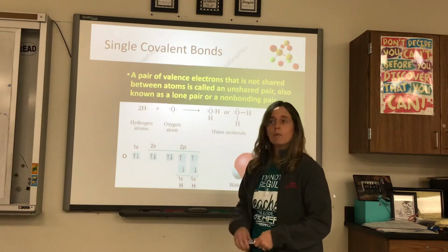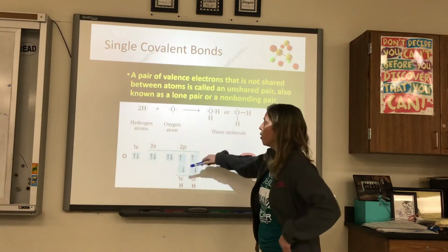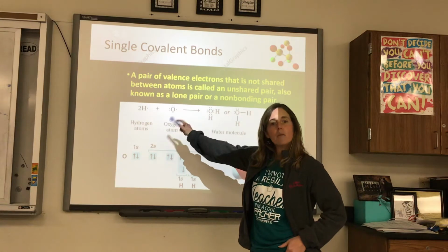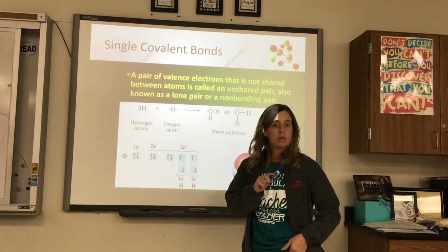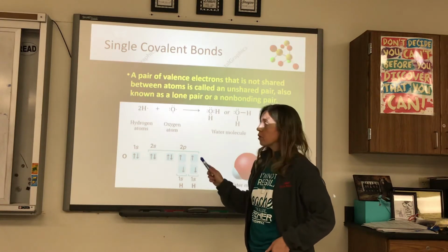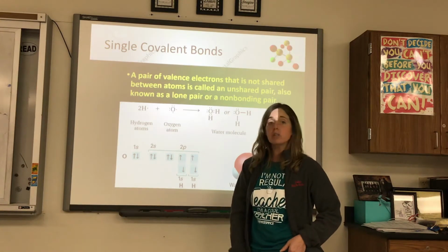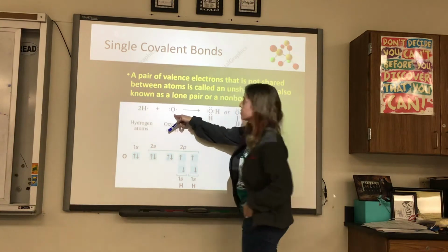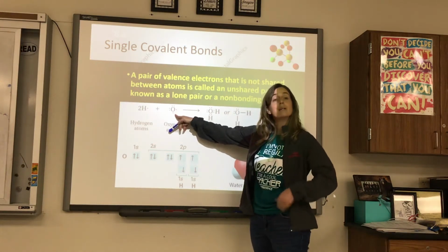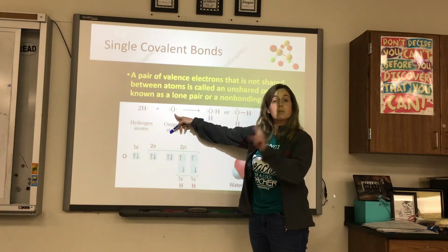For example, water we know is H2O, meaning it has two hydrogens bonded to an oxygen. Remember, I just told you earlier that each hydrogen can only share one electron. Oxygen has a total of 6 valence electrons, so it needs 2 electrons to make 8.